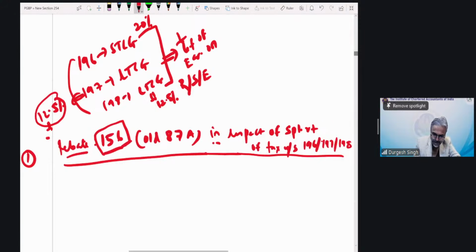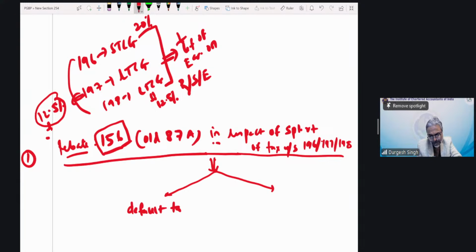So students, as Kanaya said, it will depend. If you are under the default tax regime, what is the default tax regime? The alternate tax regime.